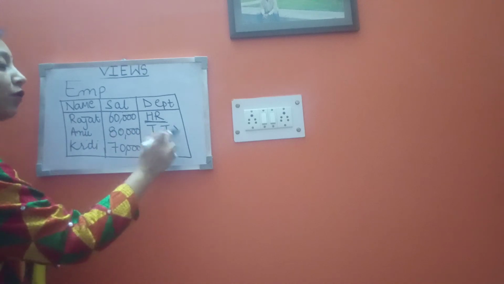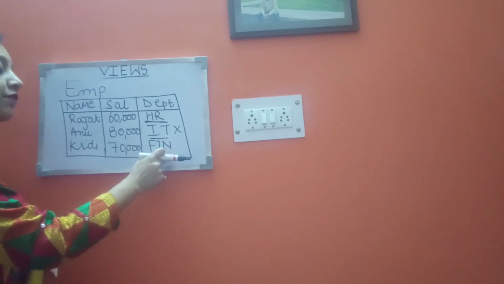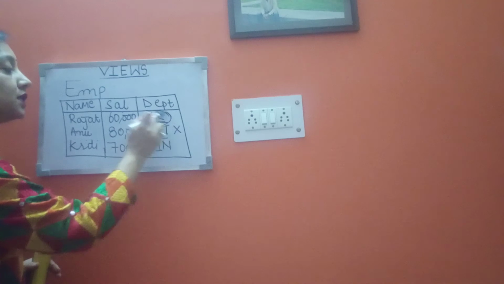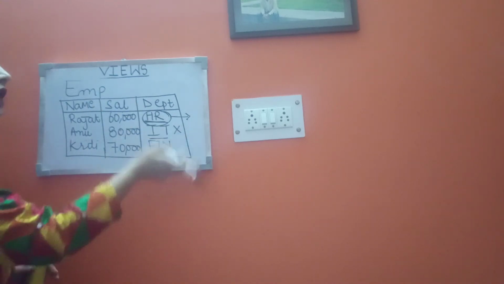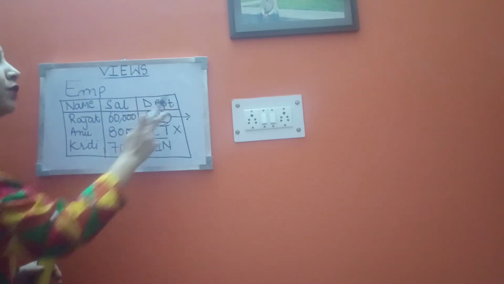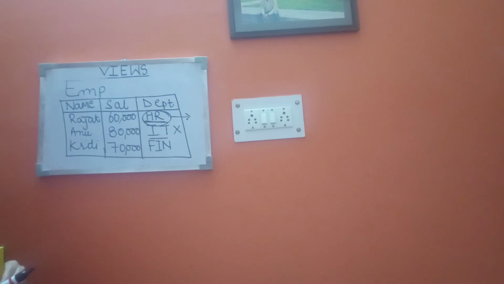Similarly, I do not want the IT department guy to view the information regarding the HR or finance department. So I want that a person who belongs to a particular department should view information regarding his own department, and at any point he should not be able to view the information regarding other departments.